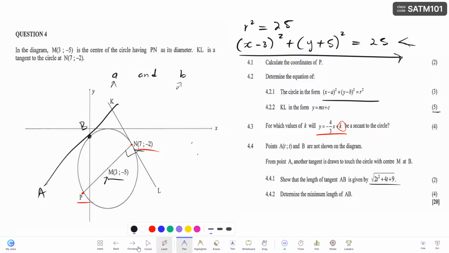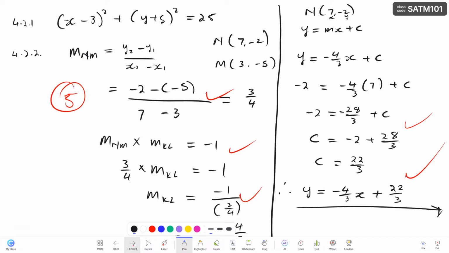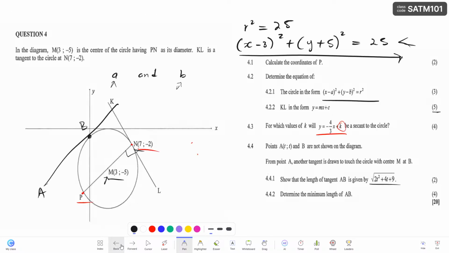So okay, this one, let me open a new whiteboard. So okay, this question, I'm going to start from the equation of a circle, (x minus a) squared plus (y minus b) squared is equals to r squared.